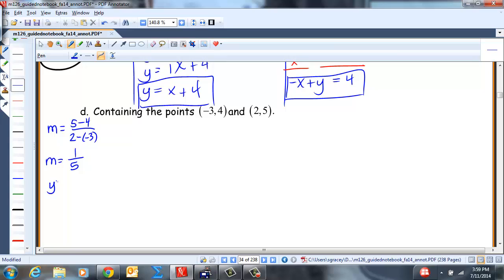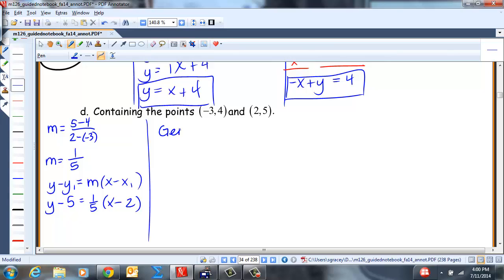So y minus y1 is the slope times x minus x1. I'm going to pick that second ordered pair since there's no negatives. So we'll have y minus 5 is 1/5 times x minus 2.